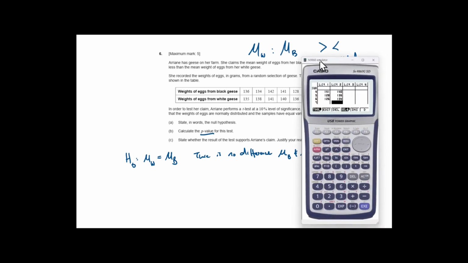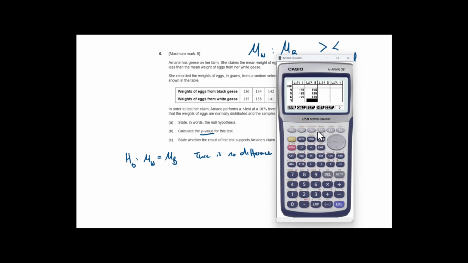So once we put that in, we go to test, t-test, and it's going to be, I think, the 1S, yes, it's this one here. So our sample is going to be directional.